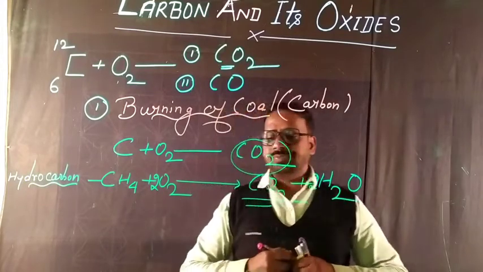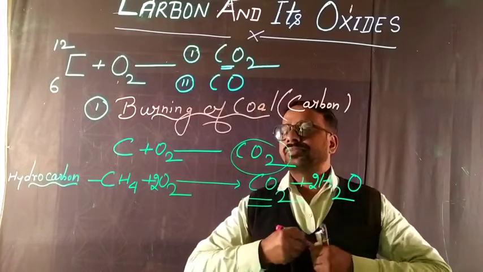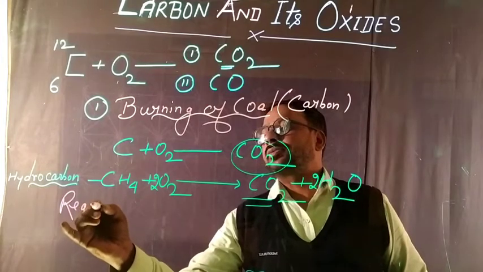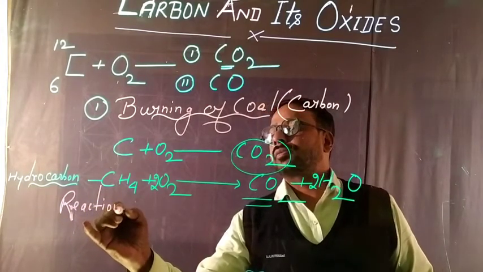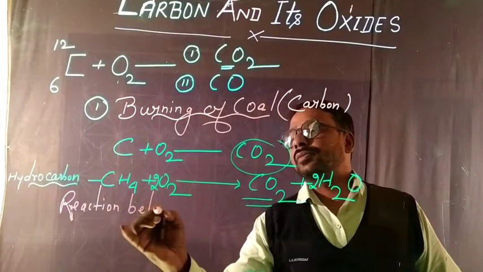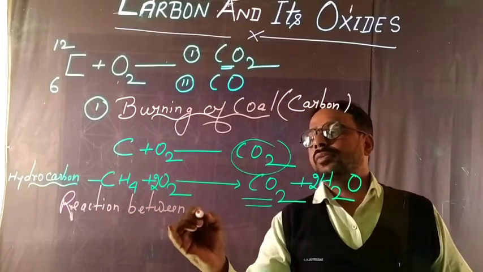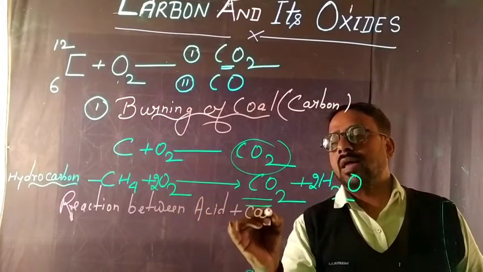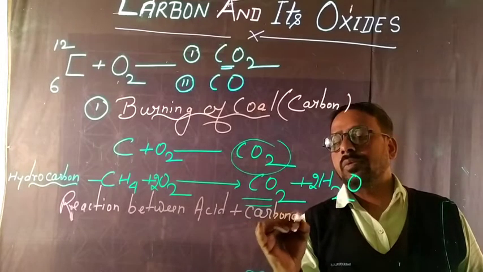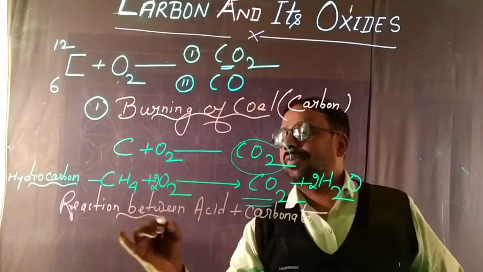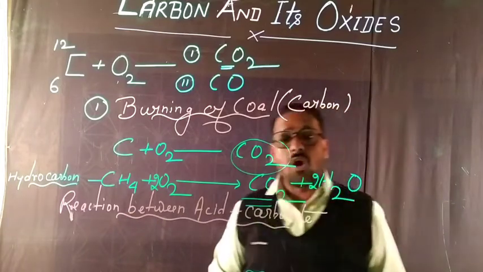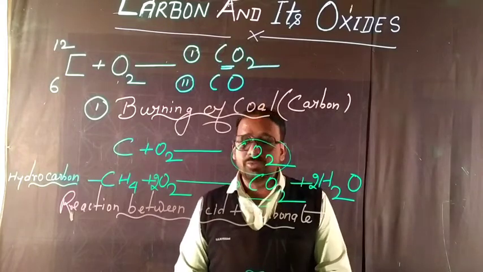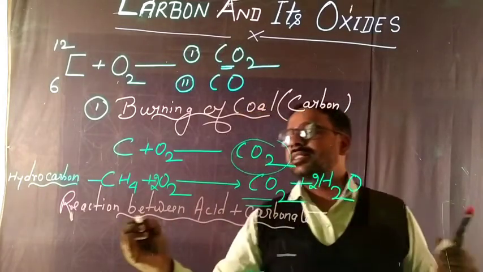The second method is the reaction between acid and carbonate. When acid reacts with carbonate, it forms carbon dioxide. I am going to give you an example.